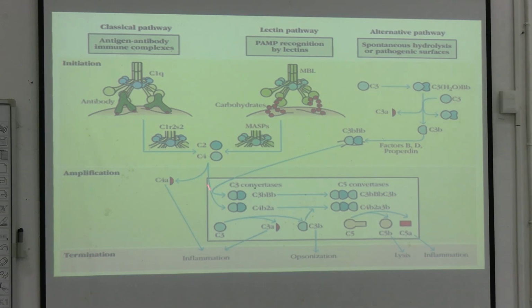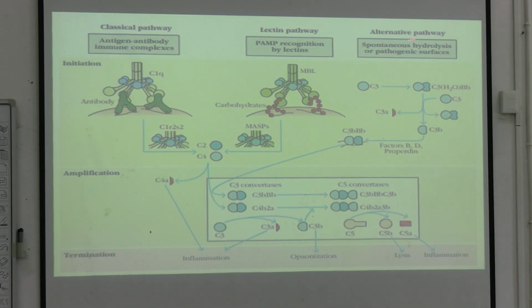The C4b will trigger the degeneration of C2 into C2a and C2b. Now, look over here, C4b and C2a. This is known as C3 convertase. That means this will activate C3.